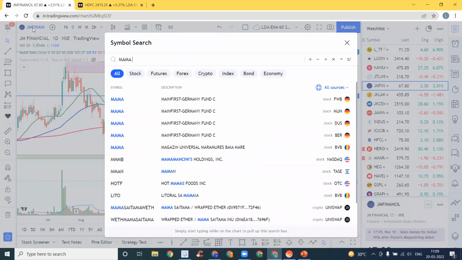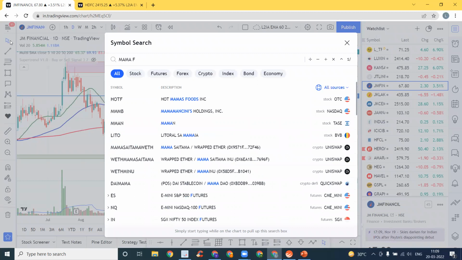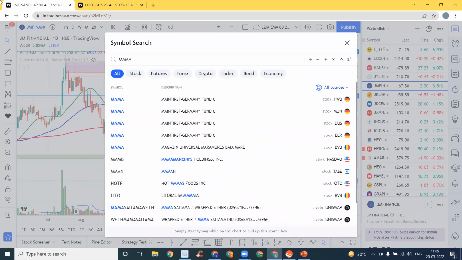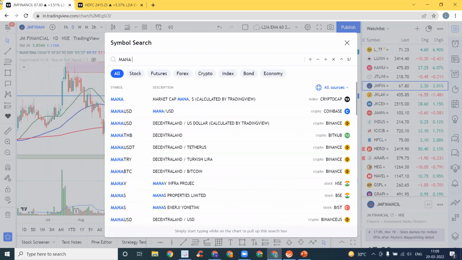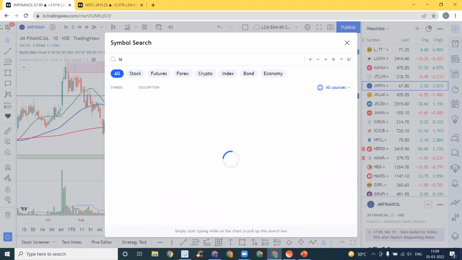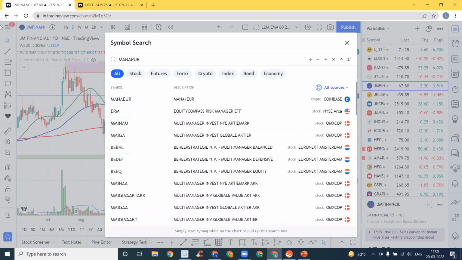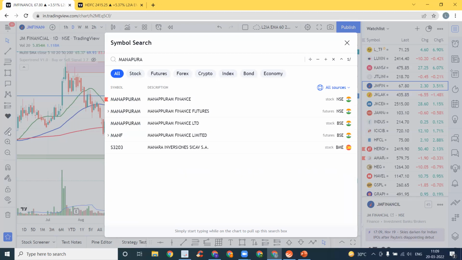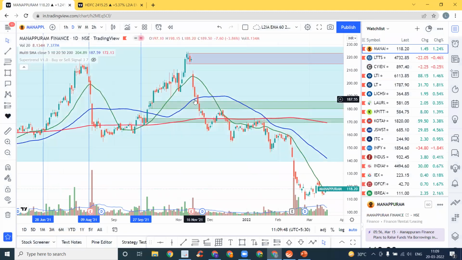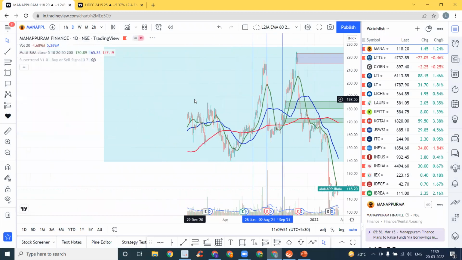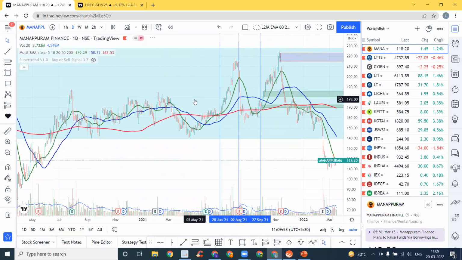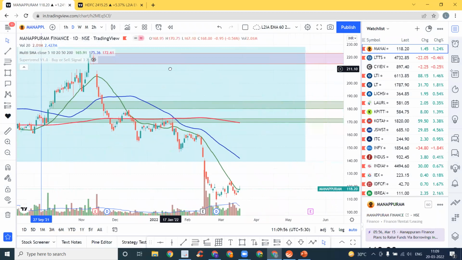Manappuram Finance. This is another stock. This is a gold financing stock. Okay, I'll show these bars which I've drawn over here later. But you can see this stock is continuously coming down.